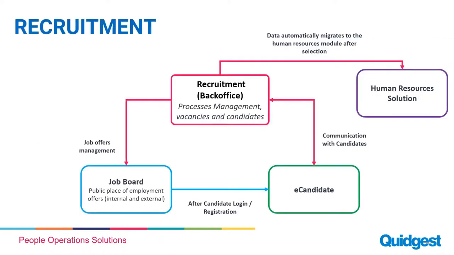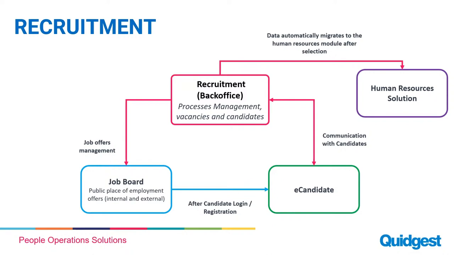Our recruitment solution is divided into different components. We have the back office part, where we build the processes, where we have the templates, where we create and manage the whole recruitment process. Then the job board, where we advertise, and it can also be built into your websites for the job offers you're placing.